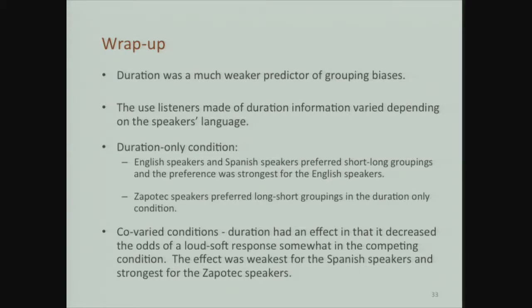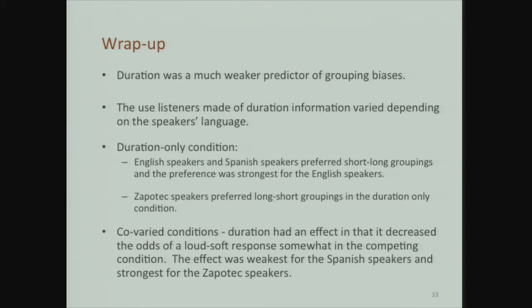So what we might know now is that the uses that listeners made of duration information varied depending on the speaker's language. In the duration-only condition, English speakers and Spanish speakers preferred short-long groupings, and the preference was strongest for the English speakers. And as noted, the Zapotec listeners had the opposite preference.